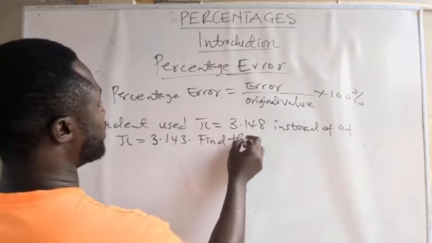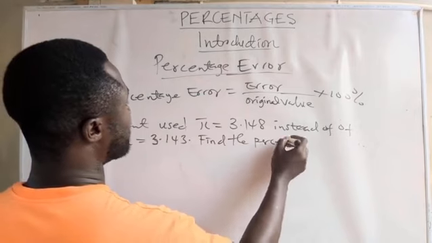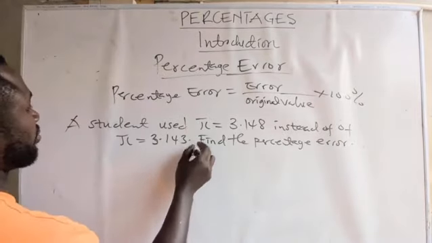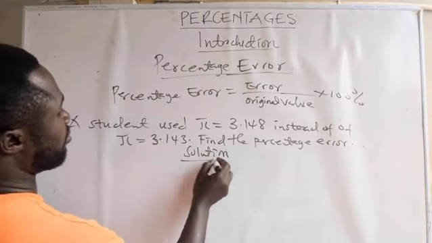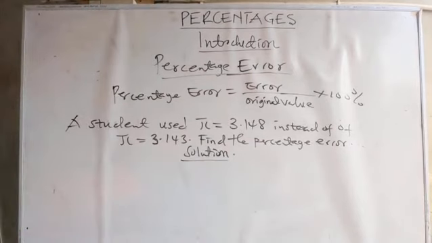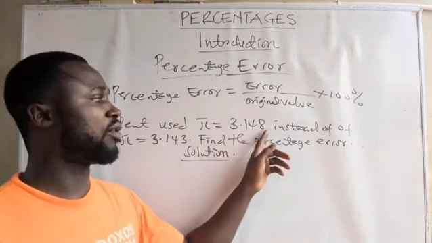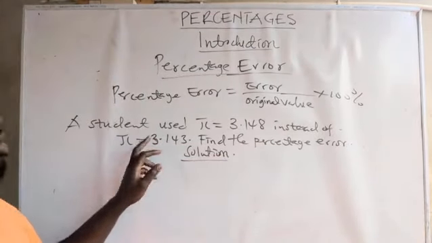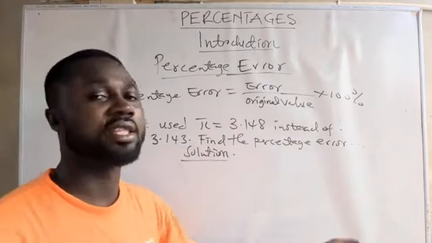Find the percentage error. A student used pi as 3.148 instead of pi equal to 3.143. Find the percentage error.